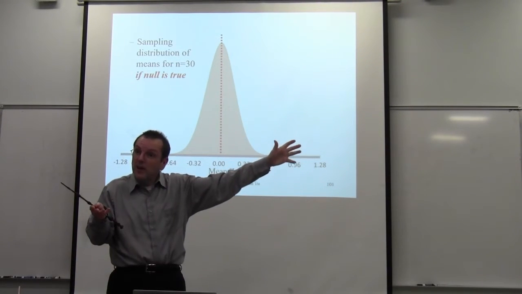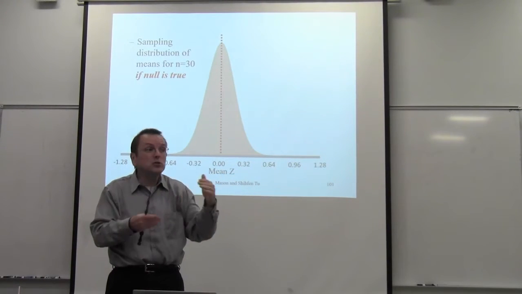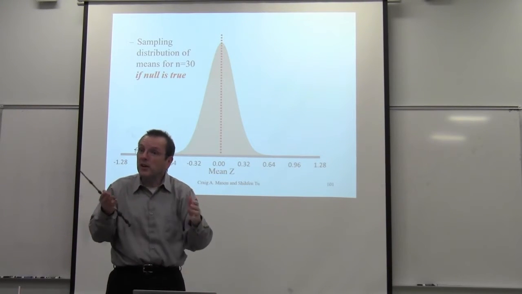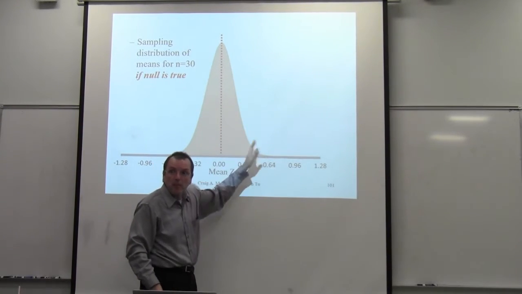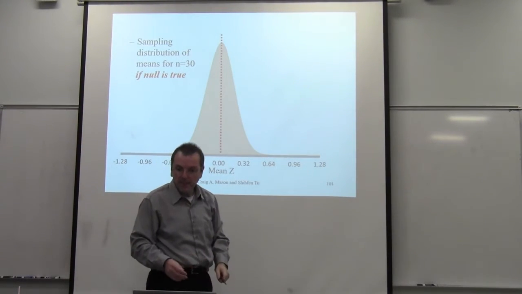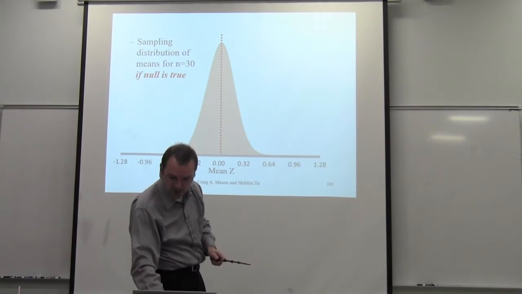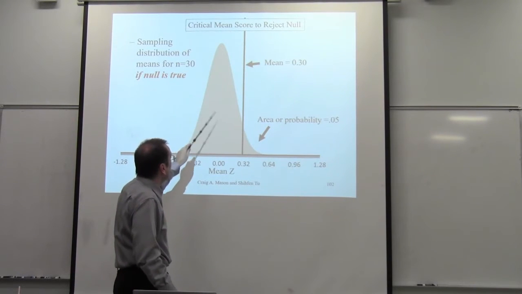If I only see it 1 in 100 times, it's so uncommon that we reject the null, because we conclude that the average probably really isn't 0. It probably is higher. I should point out I'm doing a one-tailed test because we're only looking at higher scores. Again, to keep it simple, we can do the calculations.